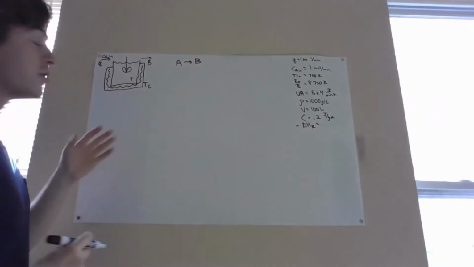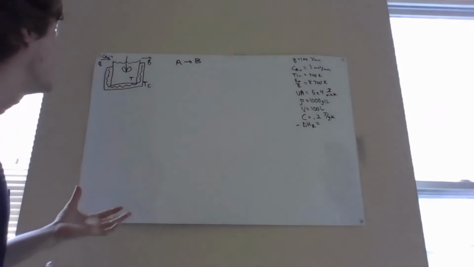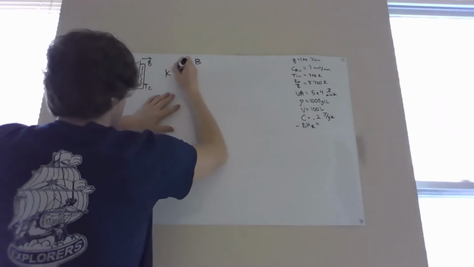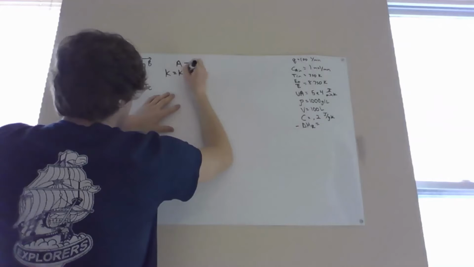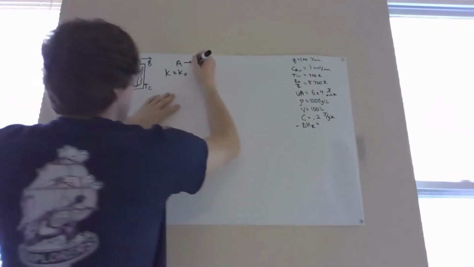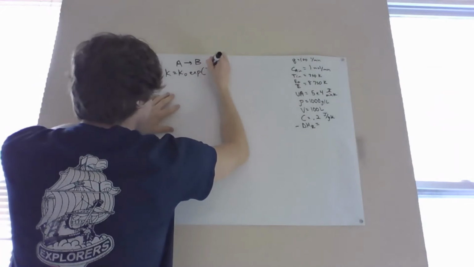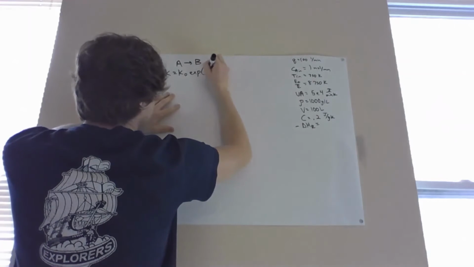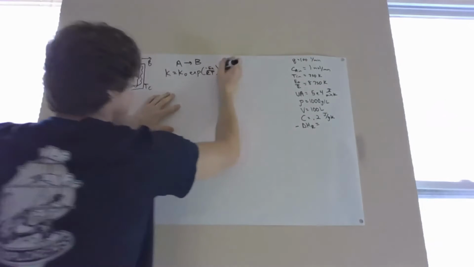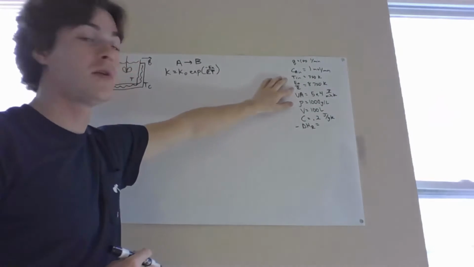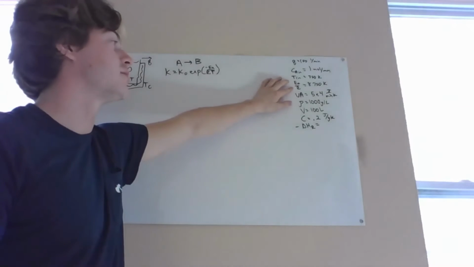We can get at the rate of this reaction by using the Arrhenius equation, in which the rate constant, which we are given in the problem, is multiplied by the exponential function of the negative activation energy over R times temperature. We are given the activation energy over R as 8,750 kelvins.